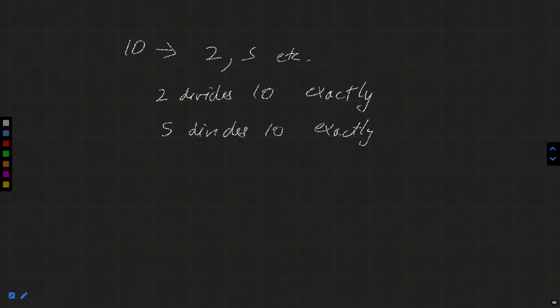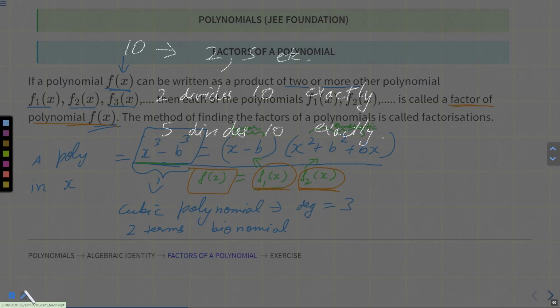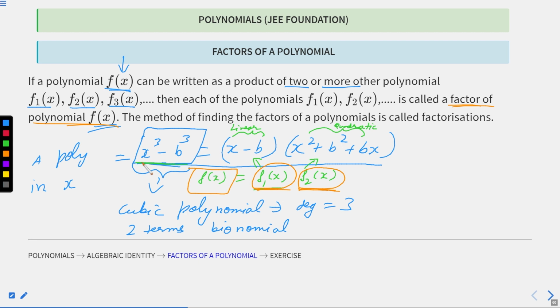Similarly, my f(x) is written as a product of two other polynomials, which means f(x) divided by one of the factors gives the other.